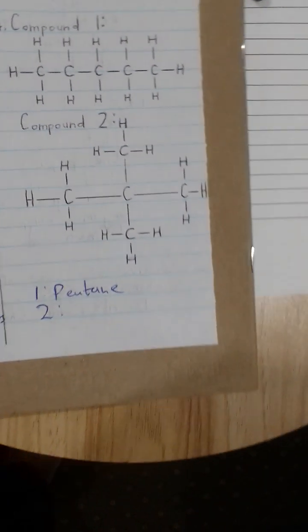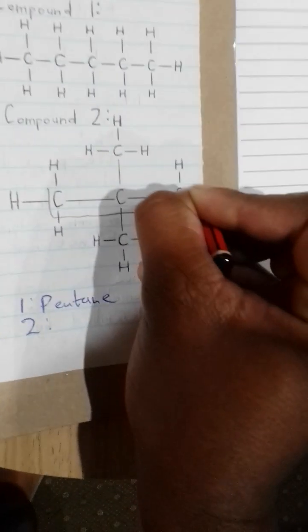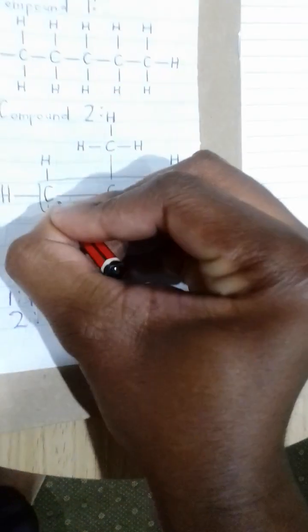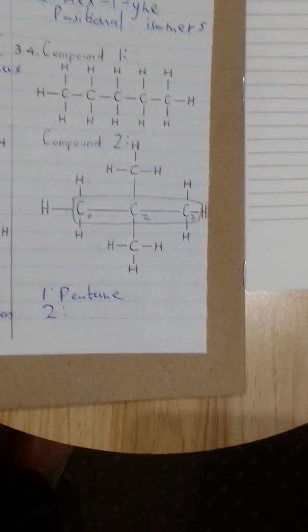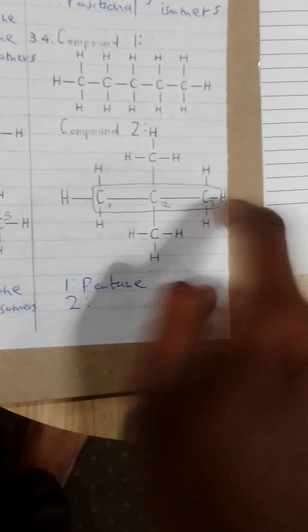Now we need to get to the IUPAC naming. 1, 2, 3, 1, 2, 3. Either way, whichever way we do it. 1, 2, 3. So you have 2 methyl groups in position number 2. The longest chain is 3 carbon atoms.